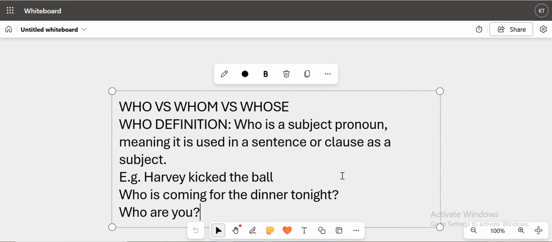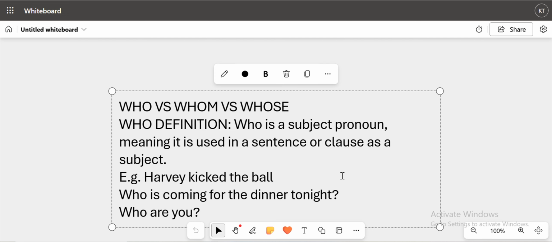Most of the time we use it to ask questions. We use it in its interrogative form. Who is coming for the dinner tonight? Who are you? So these are perfect examples where we can use who. Now, if we want to get it right, in the course of trying to answer any of these questions, who is coming for the dinner tonight?